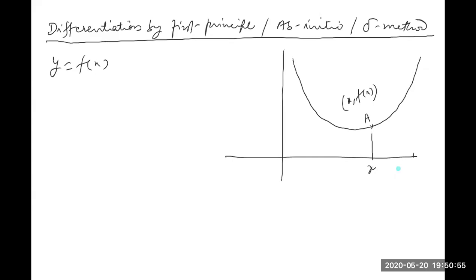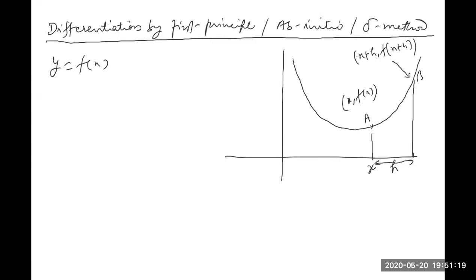Instead of delta x, I'm moving by a distance h. This distance is h. So this point will become B, and this point is (x + h, f(x + h)).